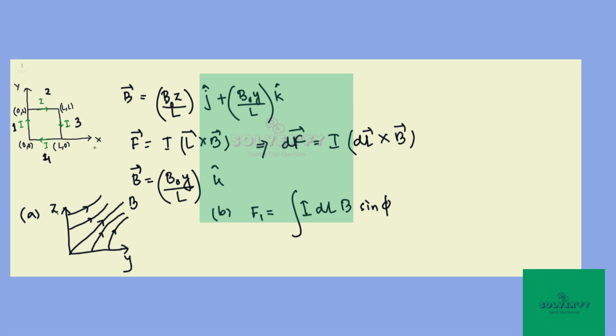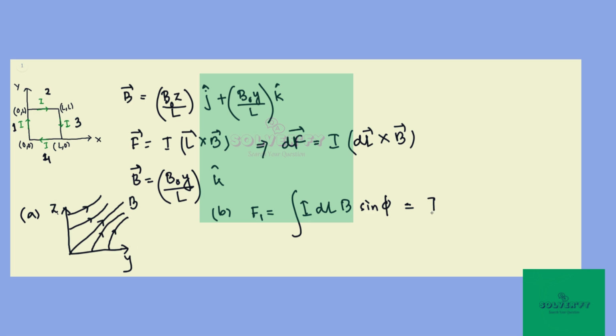Basically the magnetic field is perpendicular to the plane of the whole system. So for every case, this angle is going to be 90 degrees.